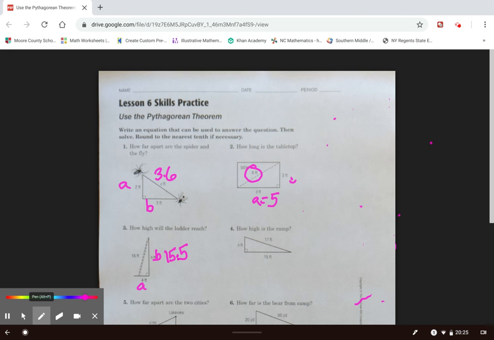So again, we'll begin with a squared plus b squared equals c squared. So this time we'll have a, and we'll let this one be b.